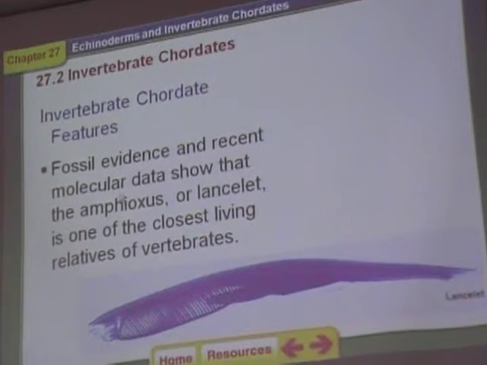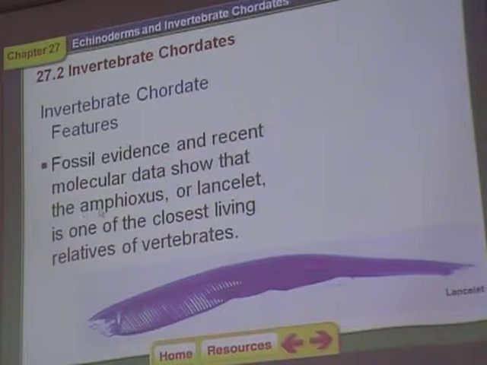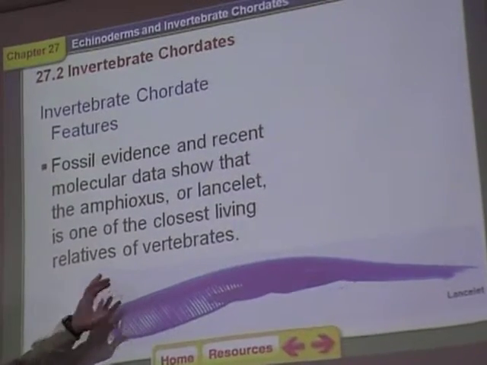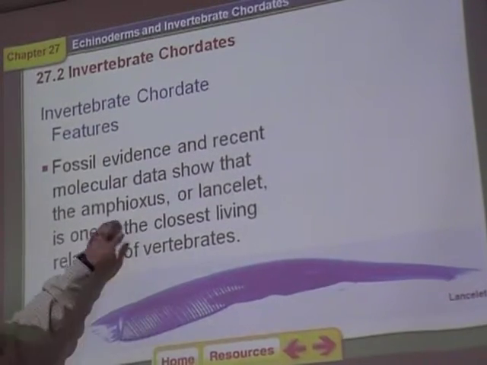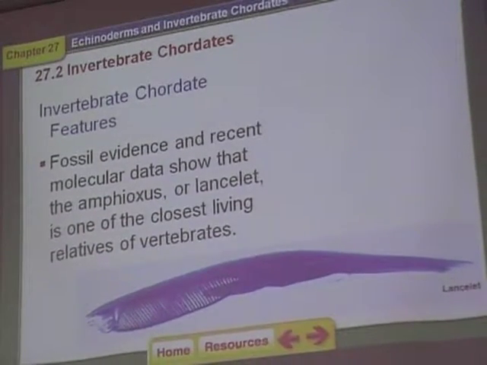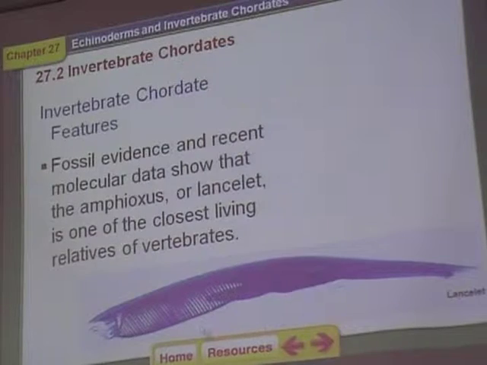Fossil evidence and recent molecular data show that the Amphioxus, also known as the lancelet, is one of the closest living relatives of vertebrates. Vertebrates are organisms with backbones. So all organisms with backbones evolved from this ancient chordate called a lancelet, also known as an amphioxus. And I'll show you some video footage of this guy swimming around.